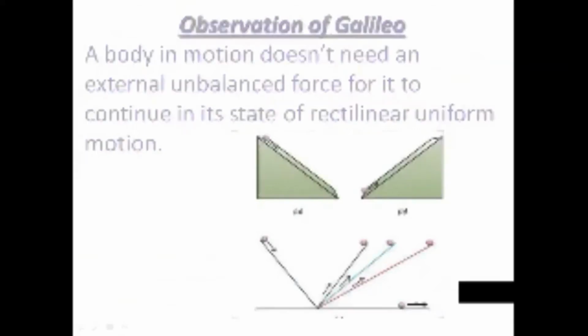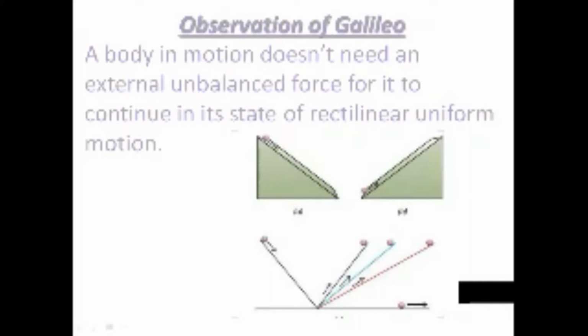A body in motion doesn't need an external unbalanced force to continue in its state of rectilinear uniform motion. So this is the observation of Galileo, and in this figure we can see that a ball comes down a slide and goes on to the next slide.